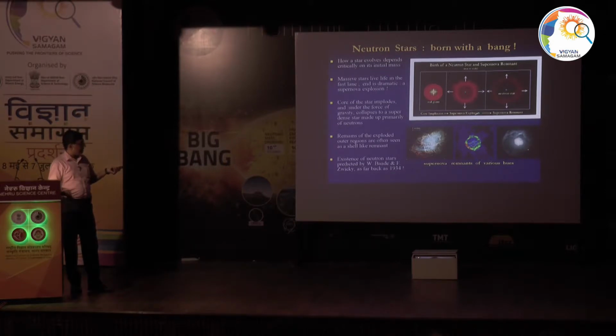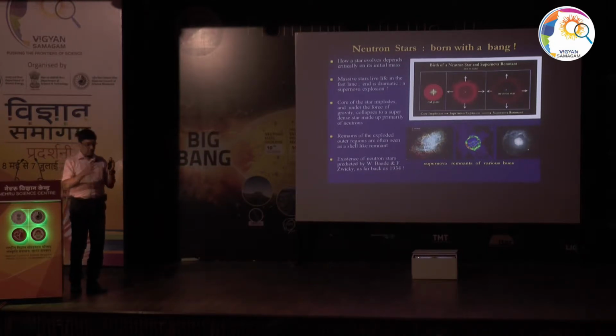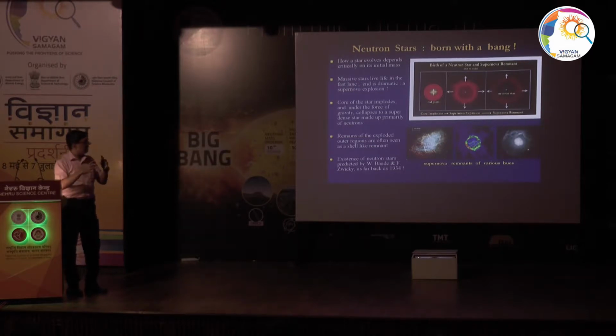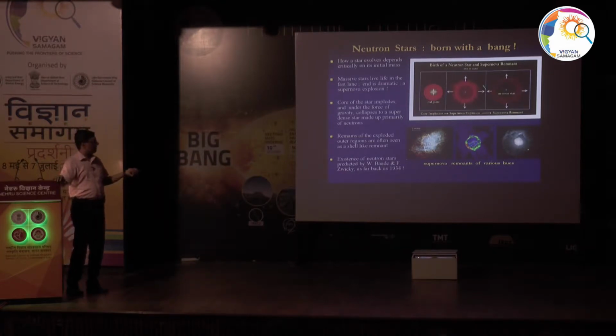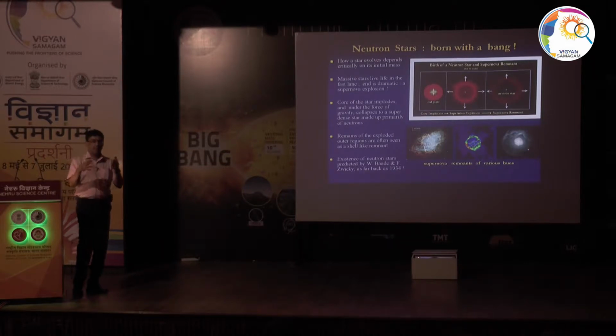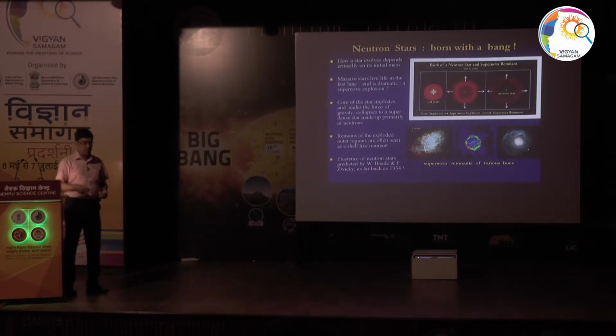This is a complicated reaction: the force of gravity causes the star to collapse, and then there is an explosion in the center, and the whole star blows up. That is what is called a supernova. It is a very bright event which, when it goes off, produces so much light and energy. It's like a firecracker going off, you can think of it like that.